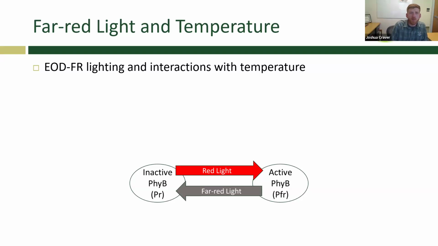And so specifically, when we look at end-of-day far red light, you can see here phytochrome. We have an inactive and active version of phytochrome. And so in this case, it's all driven by red and far red light. And so you can see as we have a higher proportion of red light, we're going to shift from the inactive to the active form of phytochrome B in this case, and that's going to inhibit shade avoidance responses.